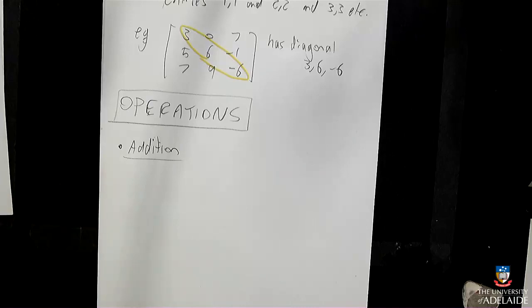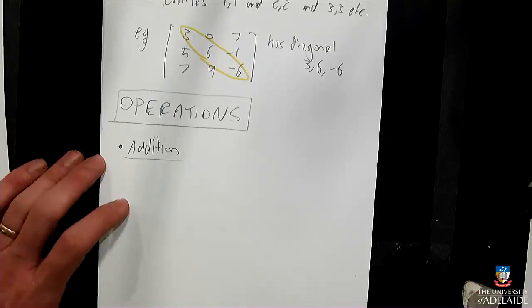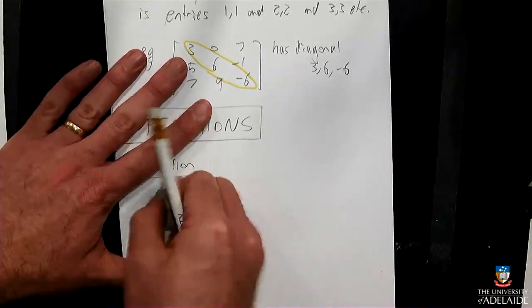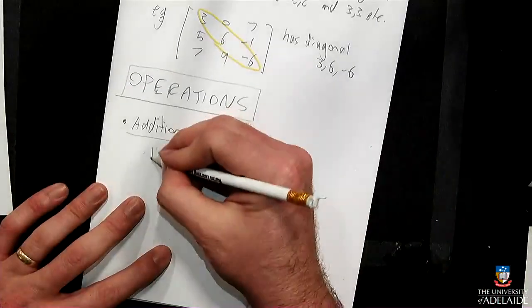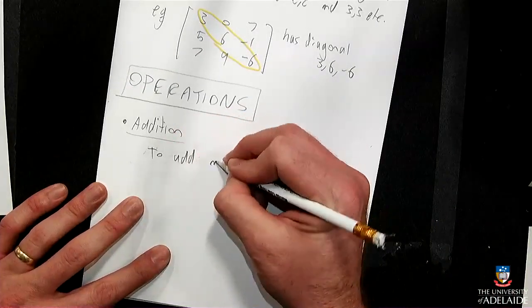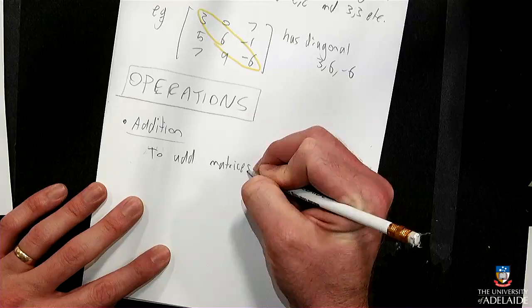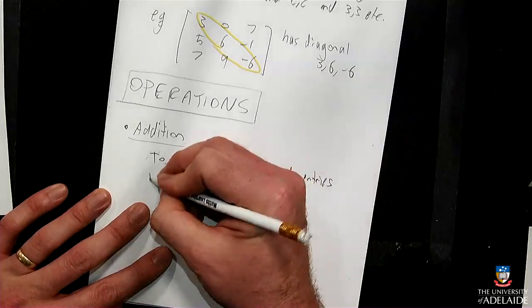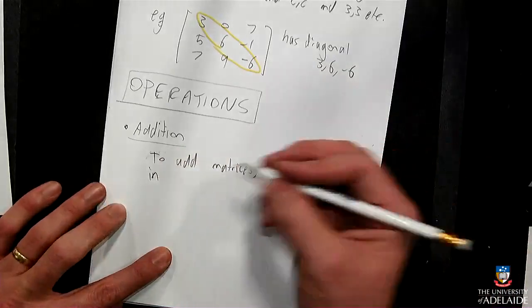So in addition, when you add two matrices, you add their matching entries. Add the entries in matching positions.